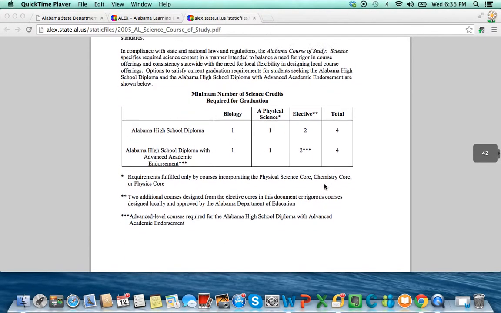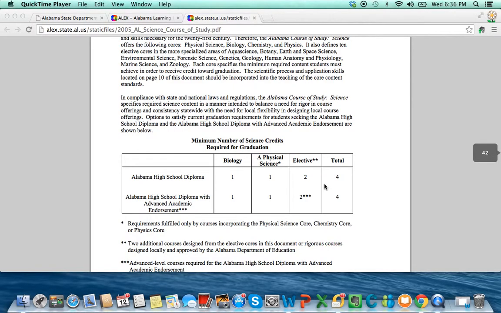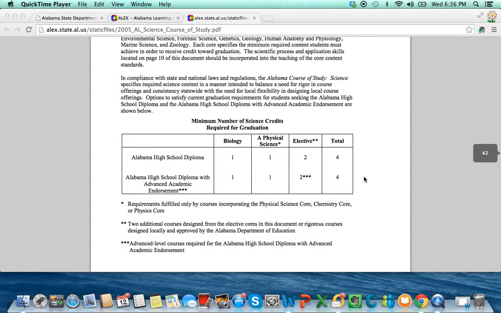So the first thing you can see in the overview is a description of what is required for a student to graduate from Alabama High School. And pre-service teachers, to be honest with you, this is true for students who are in school right now in grades 10, 11, and 12. And it's pretty much also true for the 9th graders.